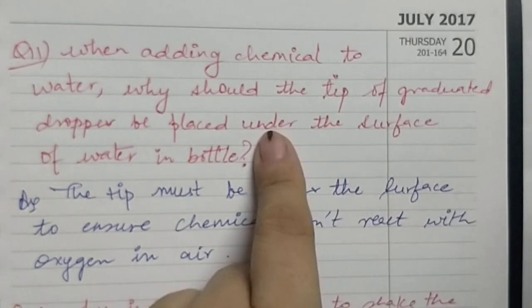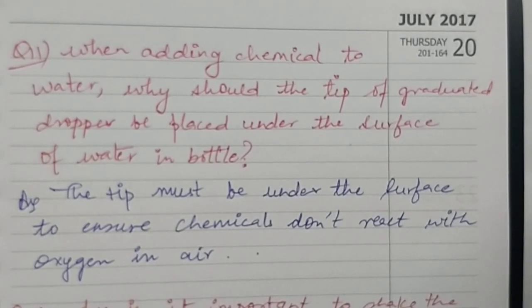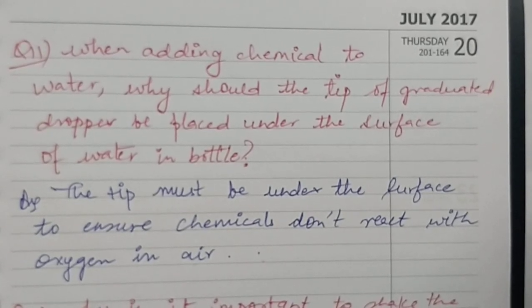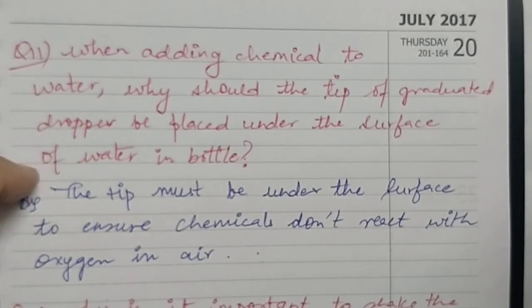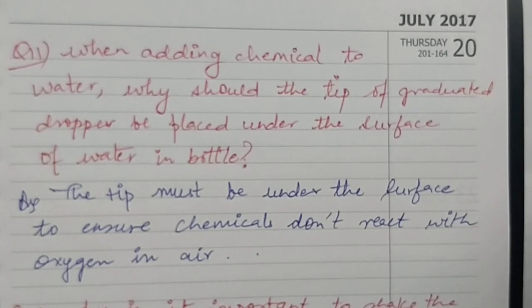If the chemicals are not dipped inside the water sample, they can react with the oxygen in the air. Hence the oxygen in the air will also get fixed in the water sample. That's why this is one of the precautions, that the tip of the pipette or the dropper should be inside the water sample, not outside the water sample.